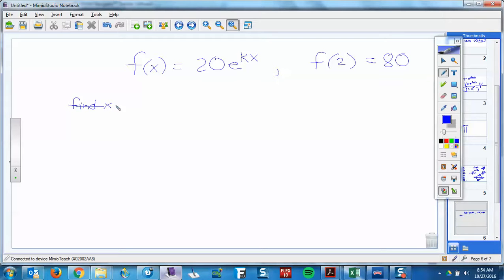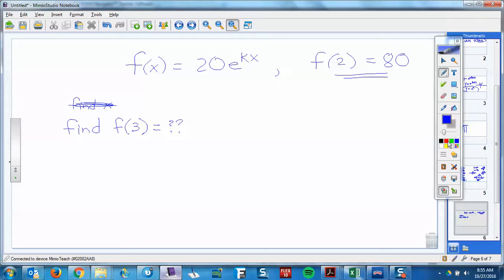So my question to you then would be find f of 3. Something like that. All right? Well, the problem is we don't know what k is. But that's where we can use this to help us find it.